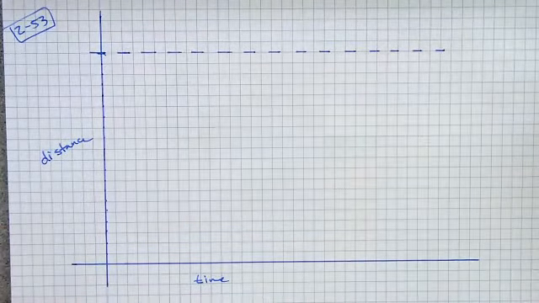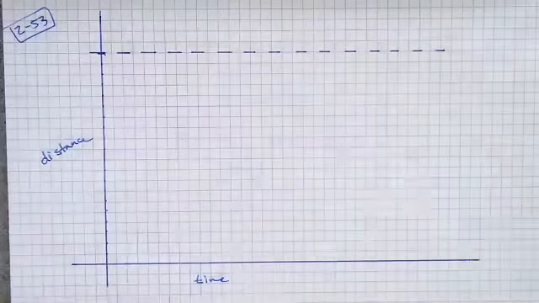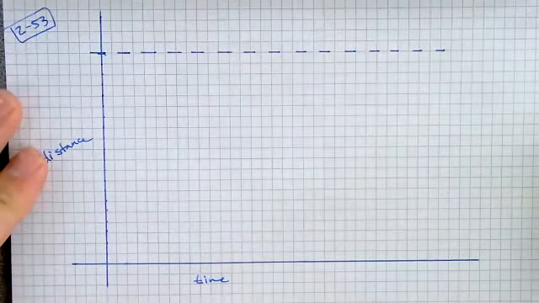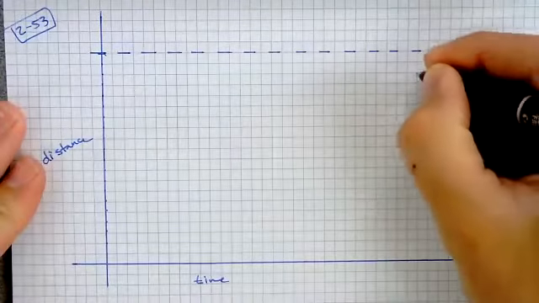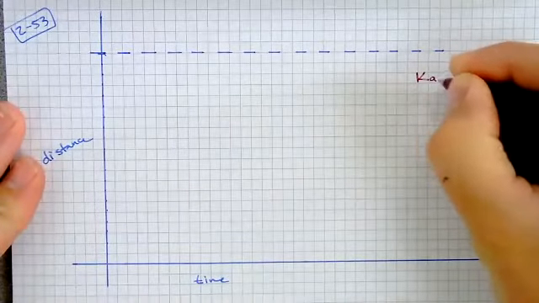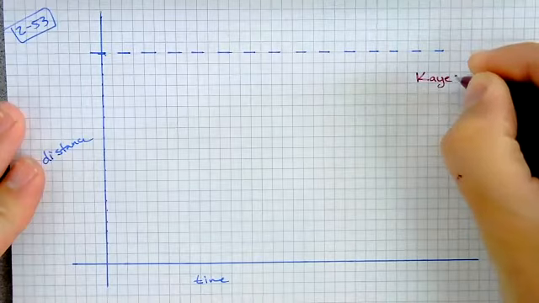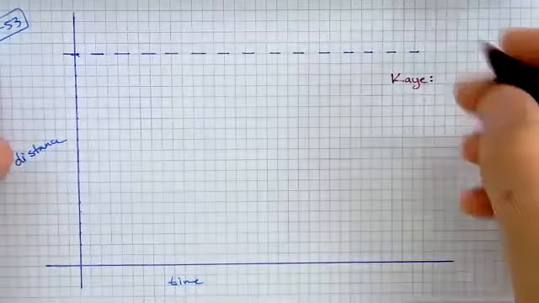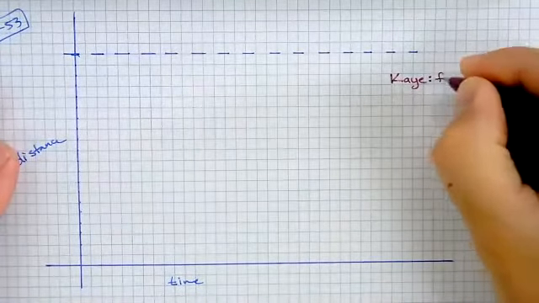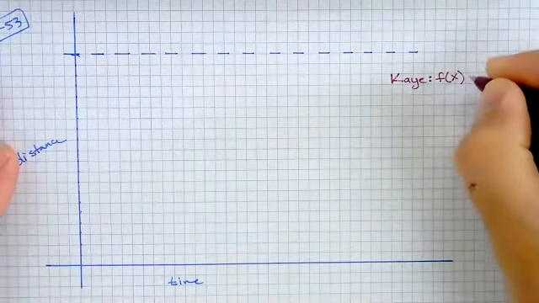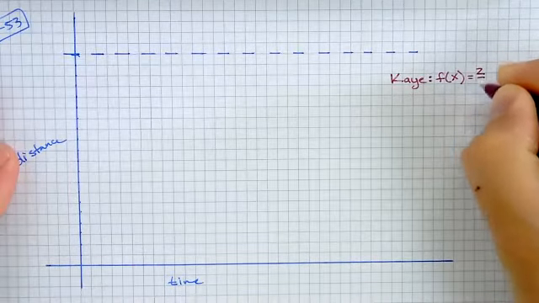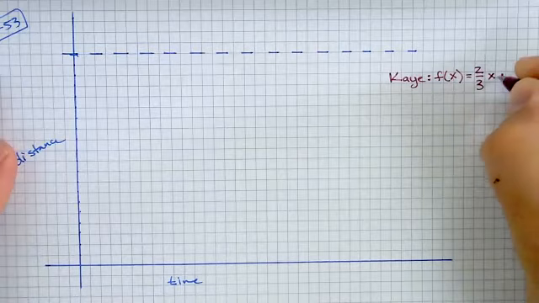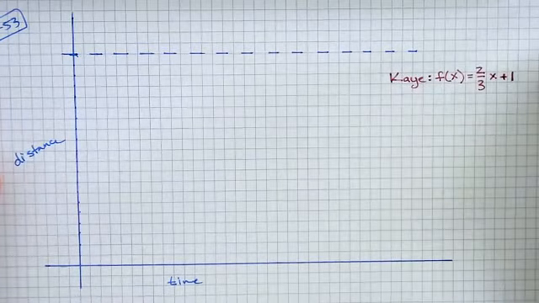It says we're going to do Casey first, K, and it's just K. K's race is graphed by the equation f of x equals 2/3 x plus 1.